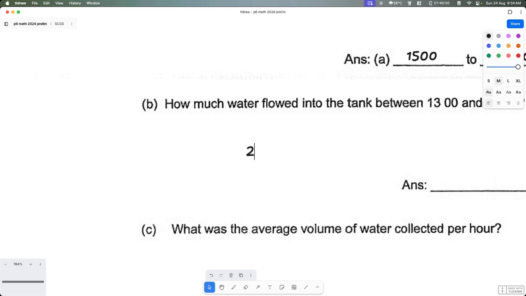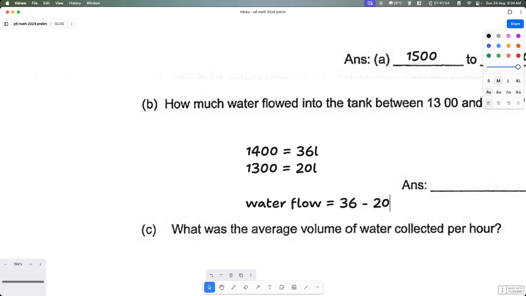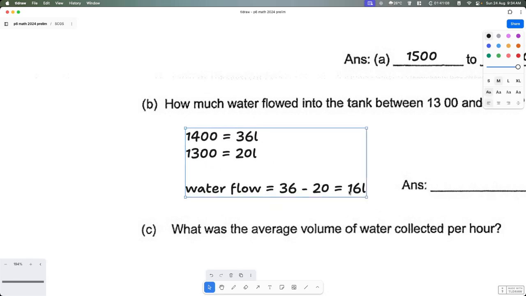So 1400 is 36 liters, and 1300 is 20 liters. So the water flow is 36 minus 20, which is 16 liters. There you go, that's the answer, 16 liters.